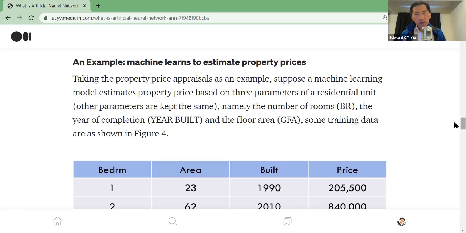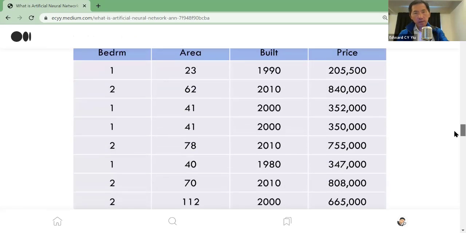Let's say now we are going to train a machine to carry out property price appraisal, and let's say we only provide 3 parameters, namely the number of rooms, the year of completion, and the floor area, and all other variables will be constant. So here I provide some training data.